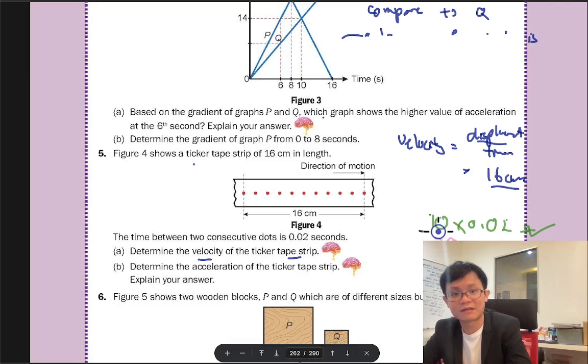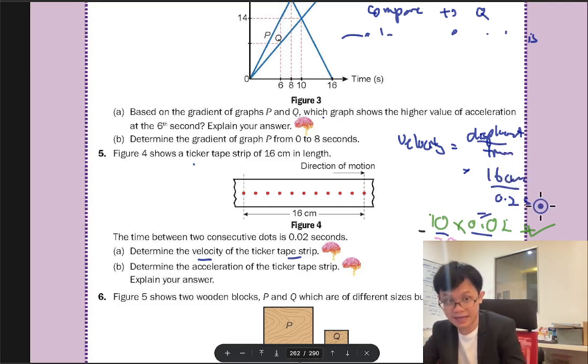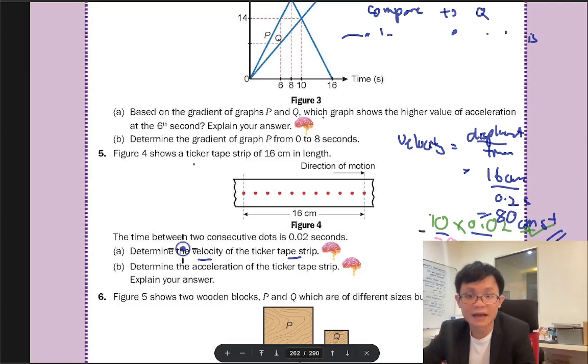I do a shortcut a bit because we already did times 0.02, you will get 0.2 second. 16 divided by 0.2, sorry, 80 cm s negative 1. So this will be the answer for the velocity.